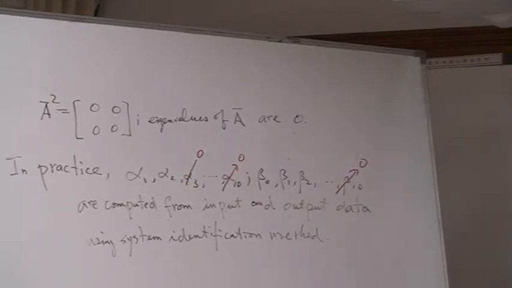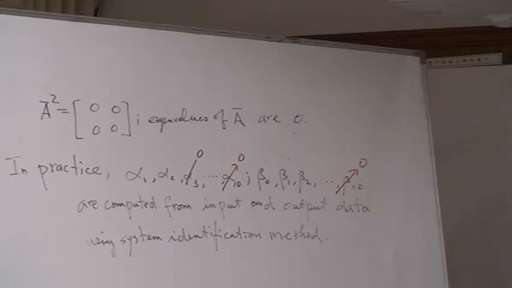Now that is our finite difference model. That means y k, the current output, plus alpha 1 times the past y k minus 1, plus alpha 2 times the past output y k minus 2, equal to beta 0 u k plus beta 1 u k minus 1 plus beta 2 u k minus 2.